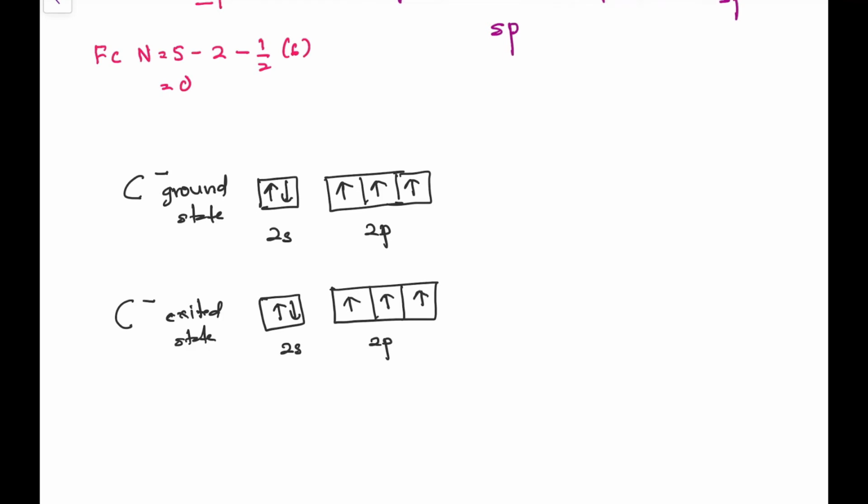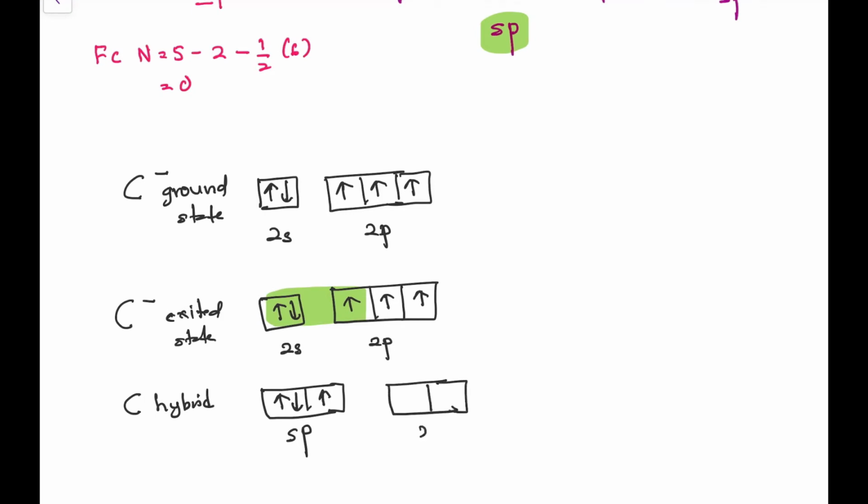And then for the hybridization, we need sp, so we only blend these two orbitals together. So we have carbon hybridization, sp, that consists of 1 lone pair and 1 electron, and we keep another 2 electrons as 2p orbitals. Okay, besides carbon, we also need to hybridize the nitrogen atom.